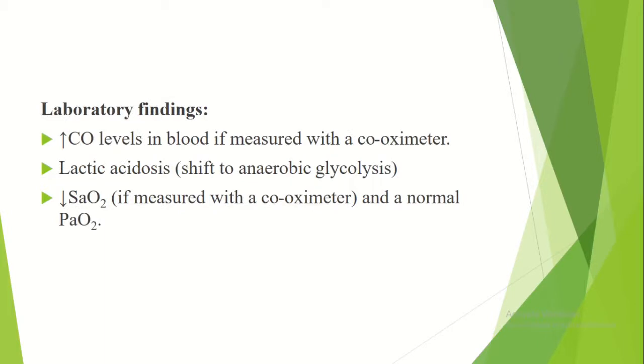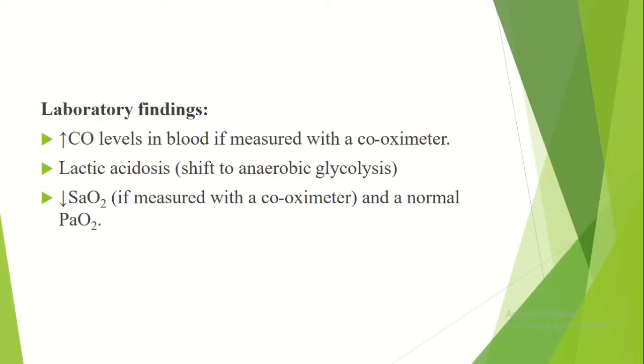The lab findings in carbon monoxide poisoning include increased carbon monoxide levels in the blood if measured with a carbon monoxide oximeter, and they can have lactic acidosis because of the shift to anaerobic glycolysis. So glycolysis is the metabolic pathway by which glucose is metabolized to yield energy in the form of ATP, and the final product in the process of glycolysis is pyruvate when glucose is metabolized in the presence of oxygen.